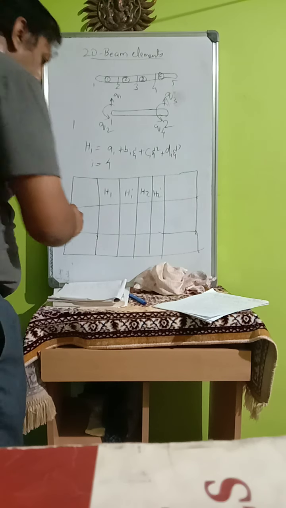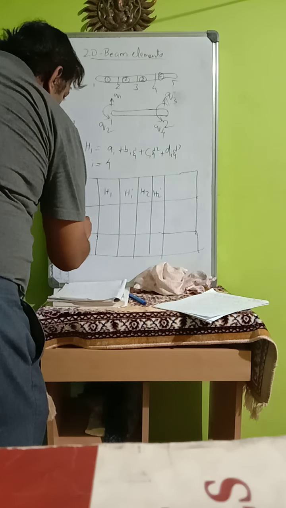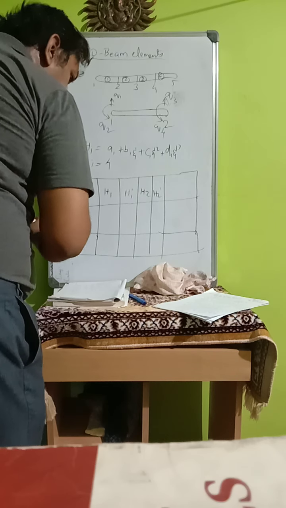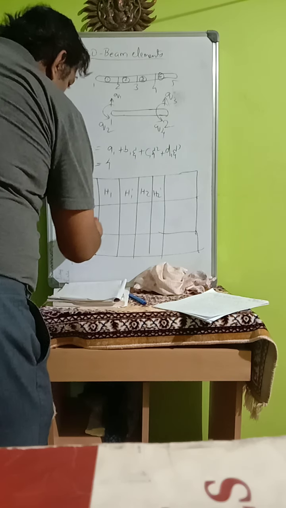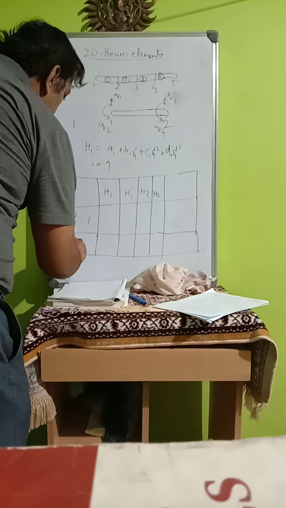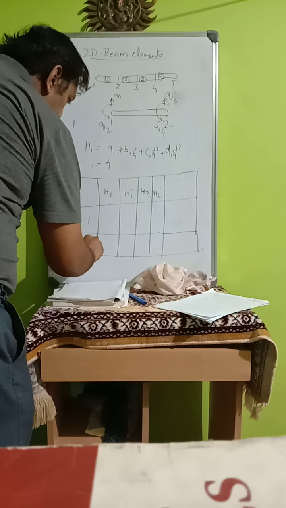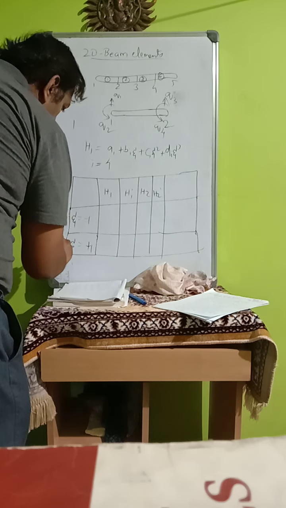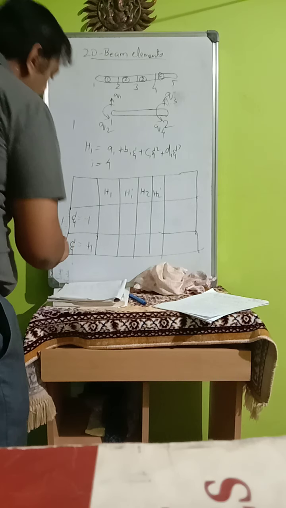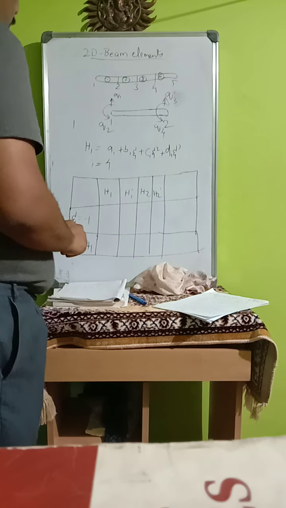Here zeta is equal to -1 for node 1 and zeta is equal to +1 for node 2.